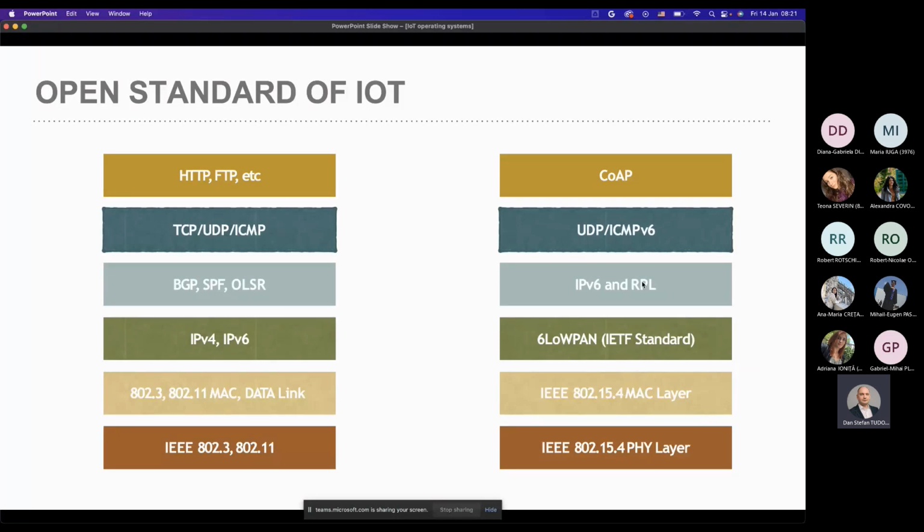IPv6 again is used very often for IoT applications. I named one of the reasons in the previous slide. Most IoT applications right now use IPv6 as an addressing scheme. But IPv6 is not fully implemented most of the time.